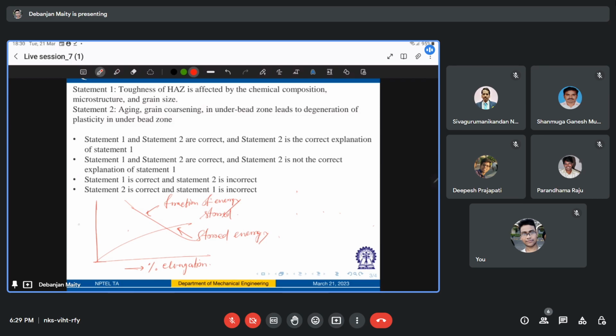Okay, so this is my energy. So what this is telling is that a finite fraction is stored in the material as strain energy.